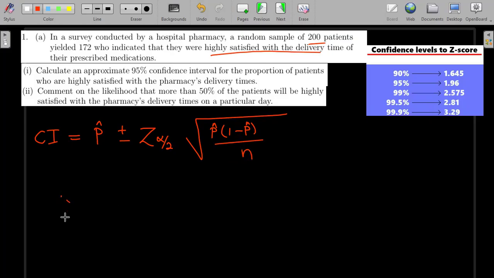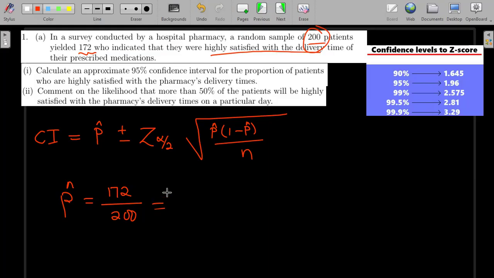This proportion p hat is found by the favorable outcomes divided by the total number of people in that sample. Here the favorable are 172 and the total number is 200. So I'm going to divide 172 by 200.